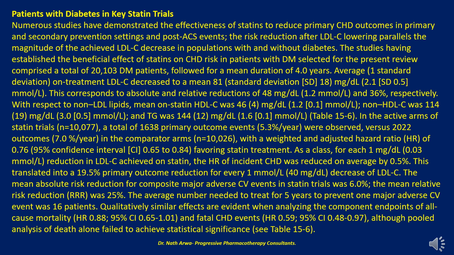The average number needed to treat for 5 years to prevent one major adverse cardiovascular event was 16 patients. Qualitatively similar effects are evident when analyzing the component endpoints of all-cause mortality, hazard ratio 0.88, 95% confidence interval of 0.65 to 1.01, and fatal coronary heart disease events, hazard ratio 0.59, 95% confidence interval of 0.48 to 0.97, although pooled analysis of death alone failed to achieve statistical significance.